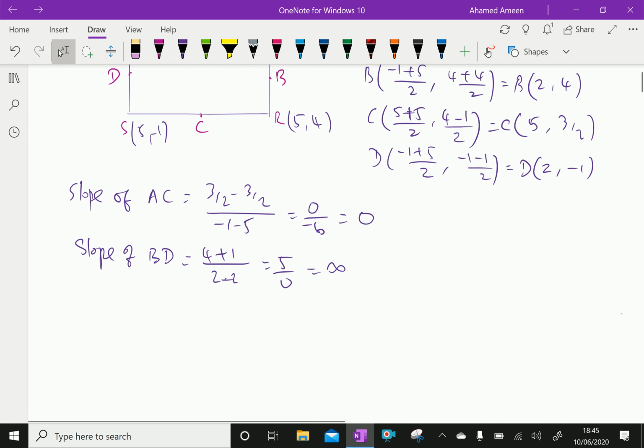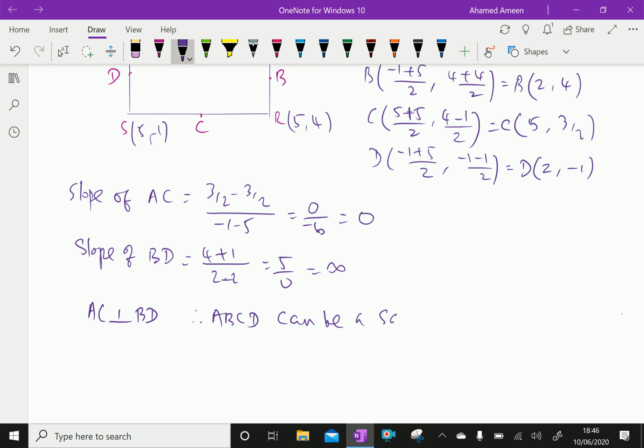Then look at the slopes of AC and BD: both are perpendicular. Therefore, AC is perpendicular to BD, and therefore you can say ABCD can be a square or a rhombus.